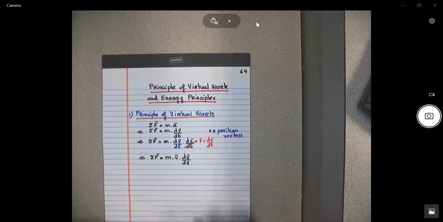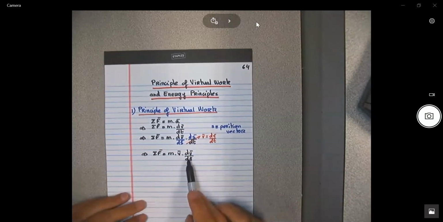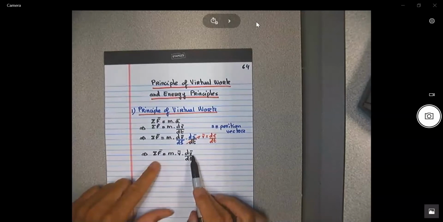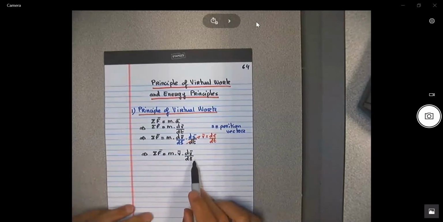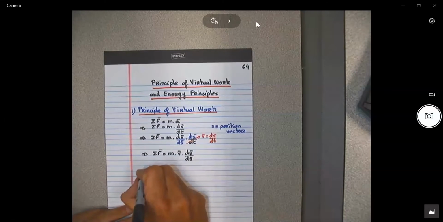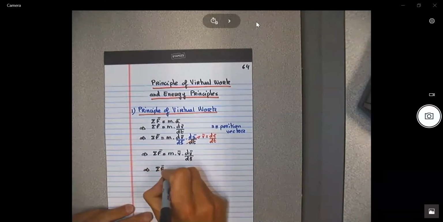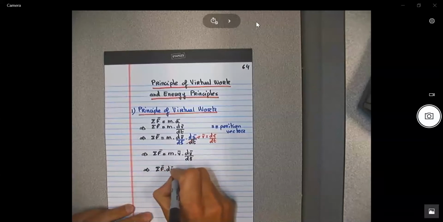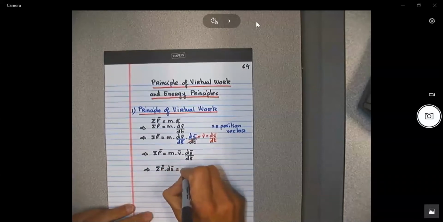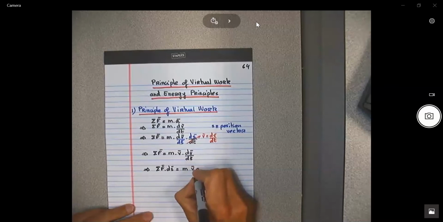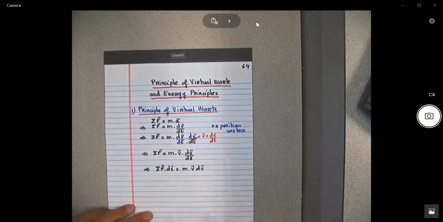Okay, so this is a basic differential equation. The general procedure to solve a differential equation is to separate the variables. All right, so what are the two variables here? Velocity and position vector. So if we move the position vector to the other side, we have summation of forces ds will be equal to m v dv.